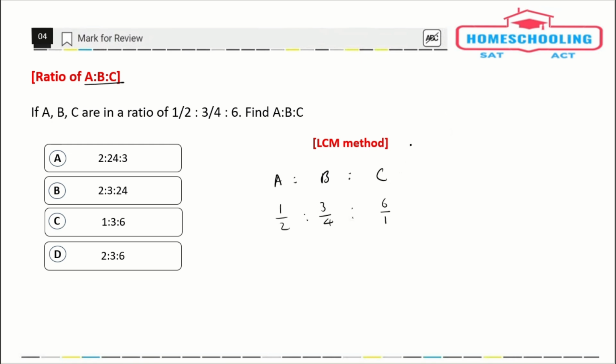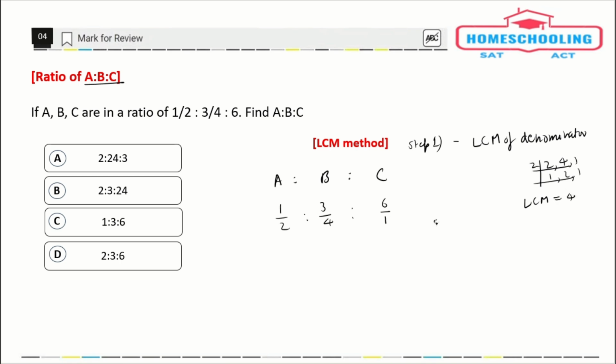In the LCM method, in step 1, we will find the LCM of the denominators. So what is going to be the LCM of 2, 4, 1? LCM would be 2 into 2, that would be 4.